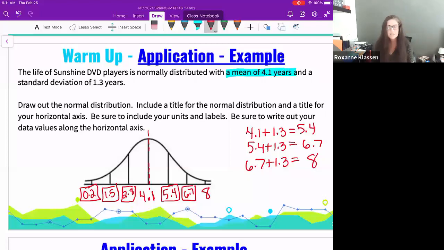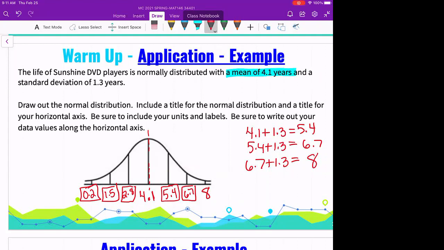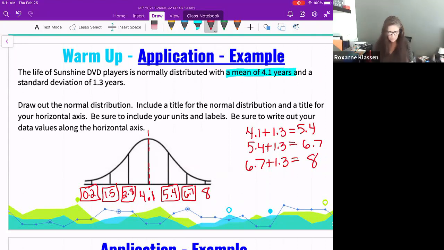Very nice. All right. Now, the directions told you to do some things. What did it tell you to do that we didn't do yet? Include units and labels. Very nice. We need some units and labels. So what would our units be for these numbers down here at the bottom?